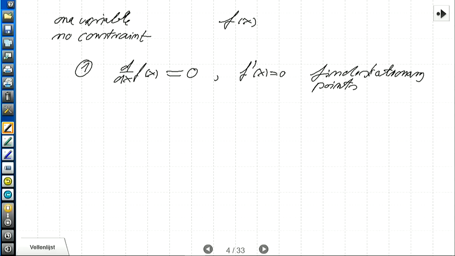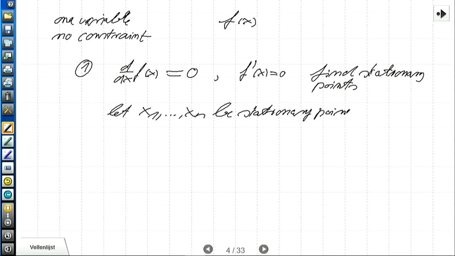You know there can be several of them. So suppose x1 to xn be stationary points. Could be that there's just one, or that there are several of them.